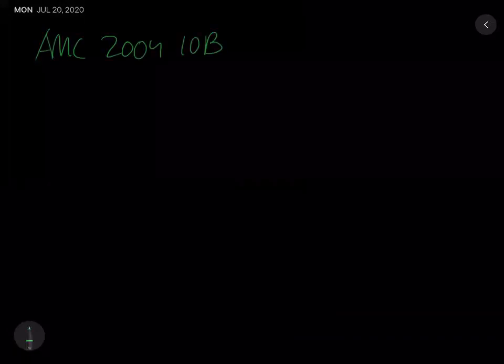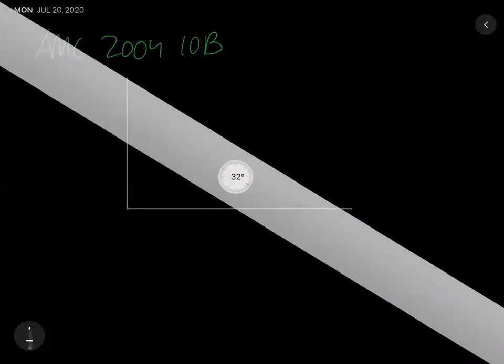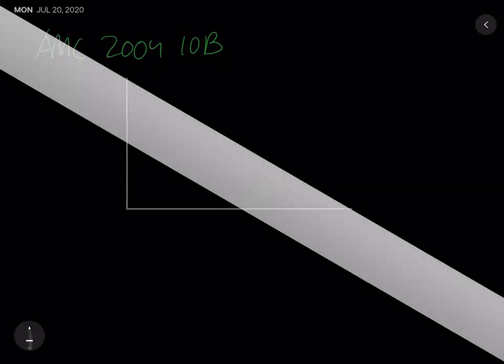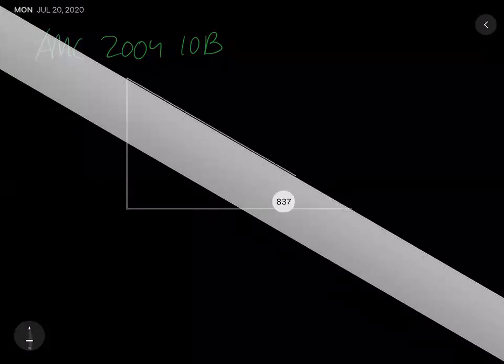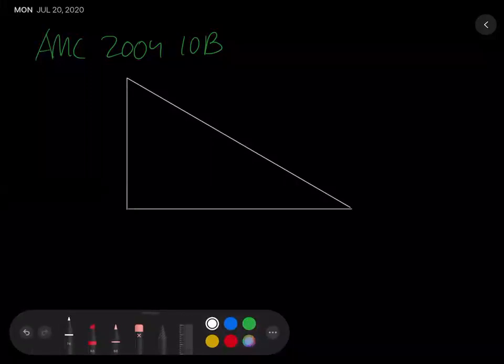What do you know? We have a right triangle. So let's draw that out. In right triangle ACE, now let's label our points.